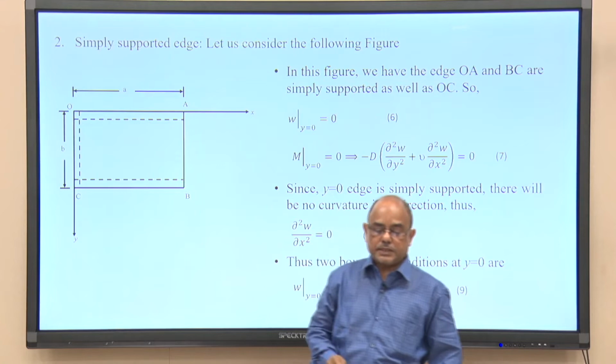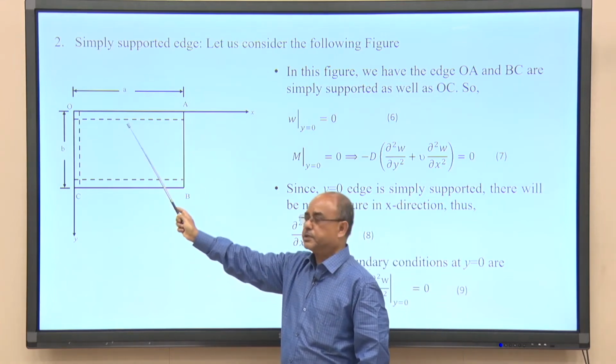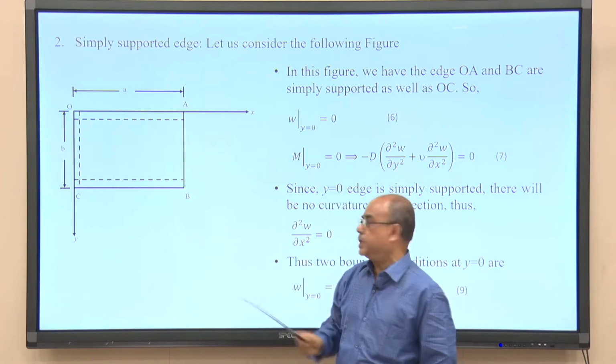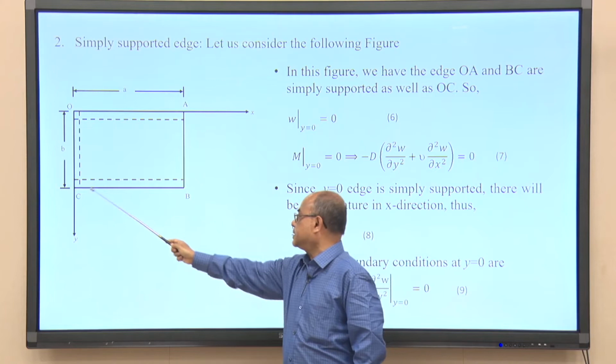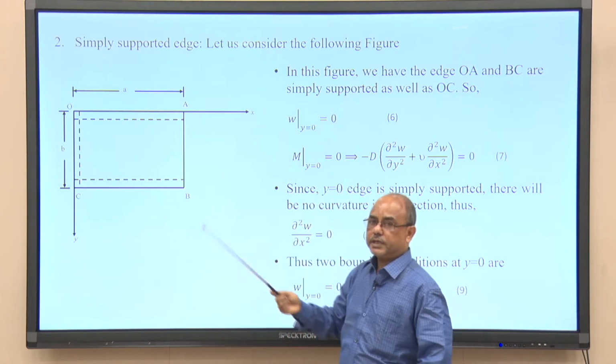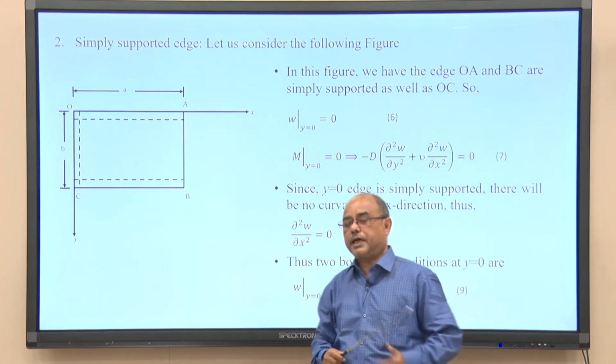Then y is equal to 0, that means the edge OA, is also simply supported, and then y is equal to B, that is the side CB or BC, is also simply supported. So, let us see what conditions are to be written for simply supported edges.